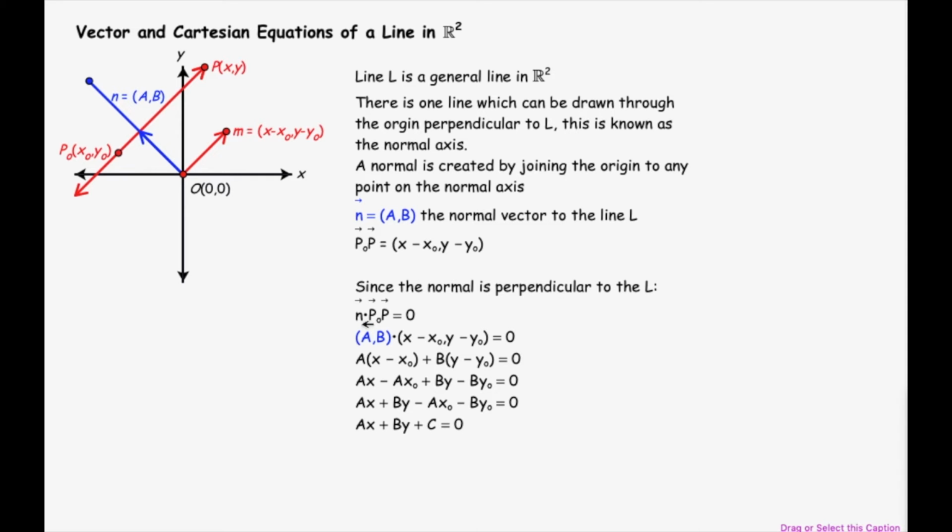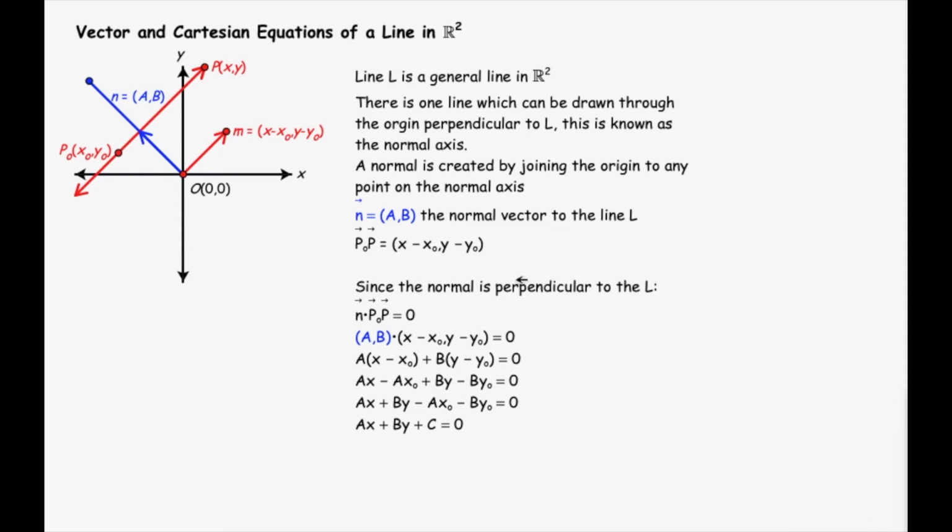So again, I'm just going to recap where these came from. a, b is any point on the normal vector. The tail is at the origin, and the tip is at a, b. So as a vector, I can write the normal as a comma b. Now, p naught and p are two points on this line, so if I want a vector to represent that line, I'm going to have to write it as p naught p, and that would be x minus x naught, comma y minus y naught.